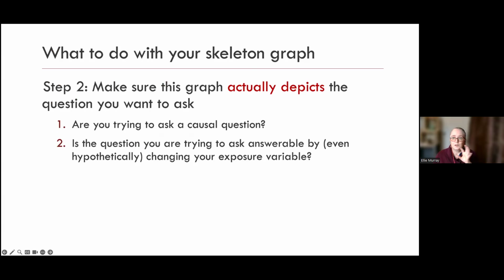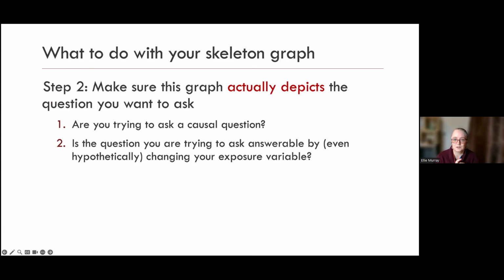And so you can use that to build your skeleton graph, and this is the one that's going to look the most like those Greenland and Robins DAGs, where we have just a few nodes and it's pretty simple. And this is going to help you think through the starting point of what you're doing.